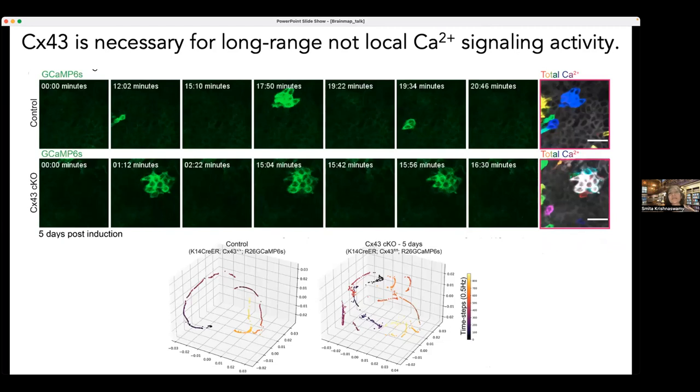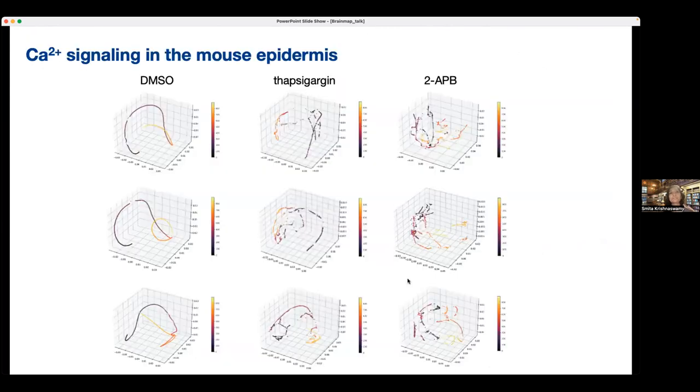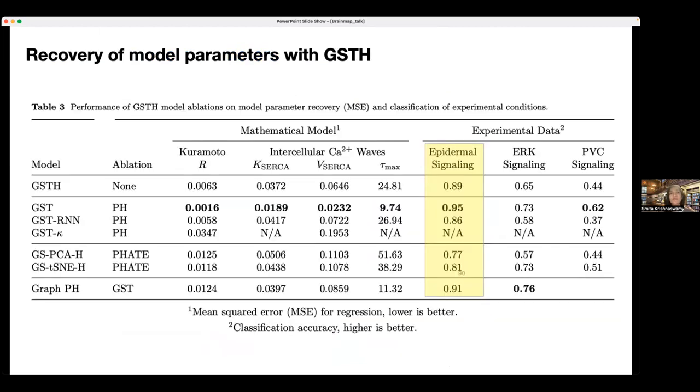One thing that we see is which parts of the regulatory network are necessary for this dynamic. Because if we remove, for example, a potential molecule that's necessary for long-range calcium signaling, you see some disruption of the dynamic. So then we've also seen calcium signaling in a mouse epidermis, and we see the same effects. When we apply different drugs, we get different effects, and those can be classified.